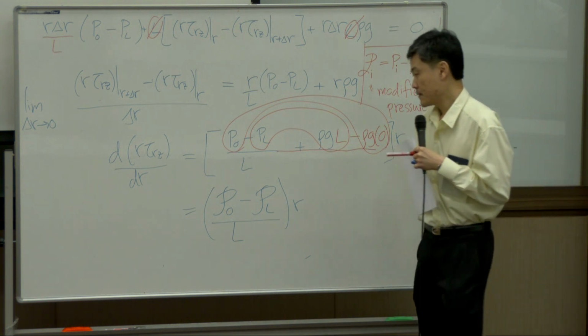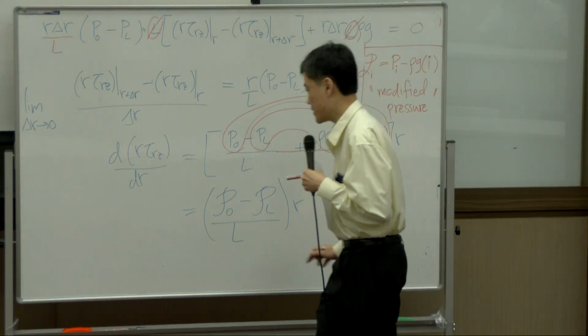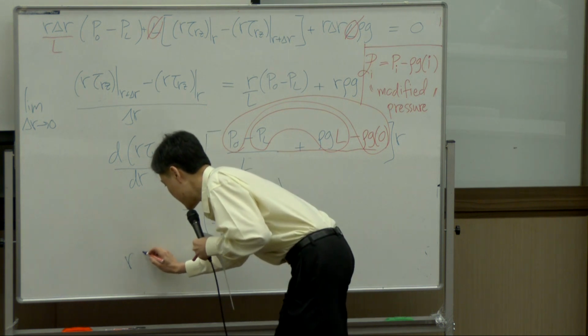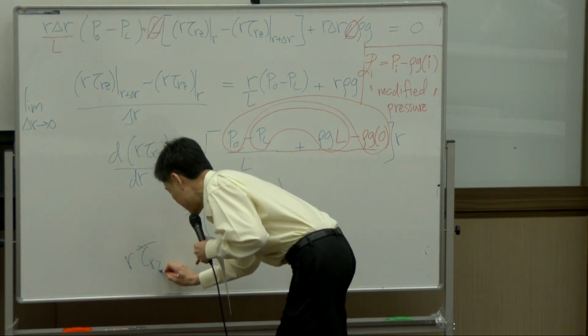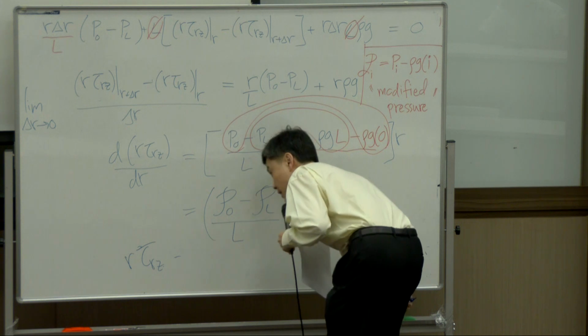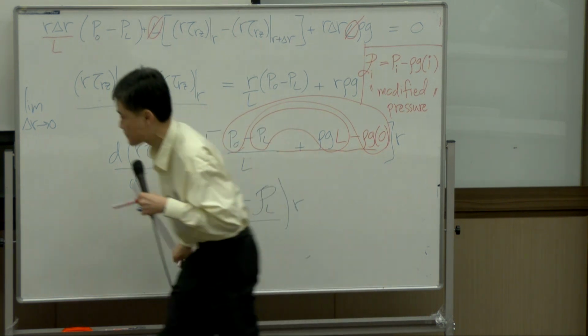So if I integrate, I end up with R tau Rz. Oh, let me write down on the other side.